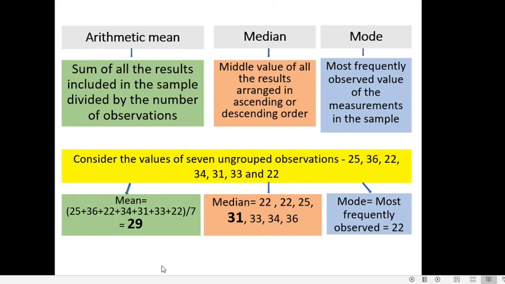Arithmetic mean is the sum of all the results included in the sample divided by the number of observations. Median is the middle value of all the results arranged in ascending or descending order, whereas mode is the most frequently observed value of the measurements in the sample.